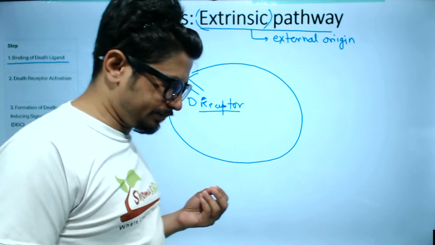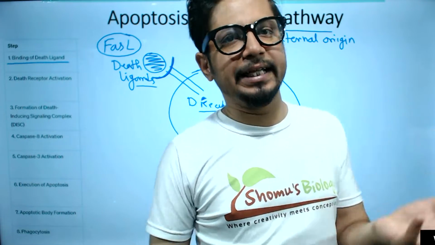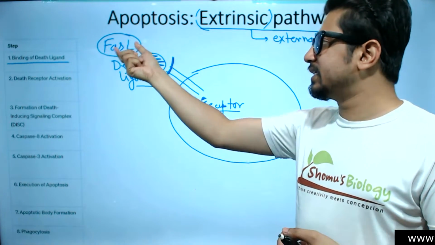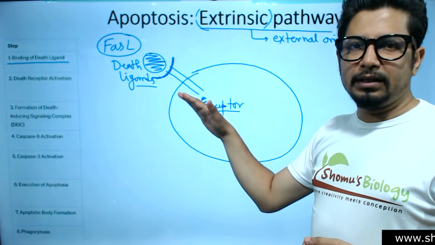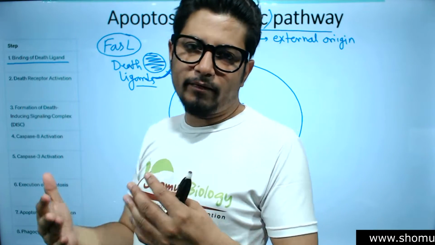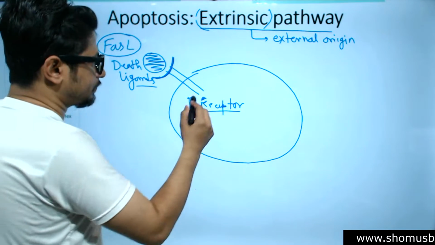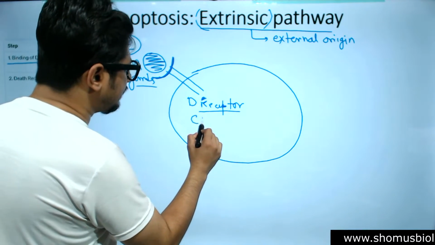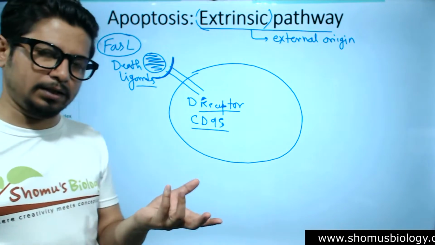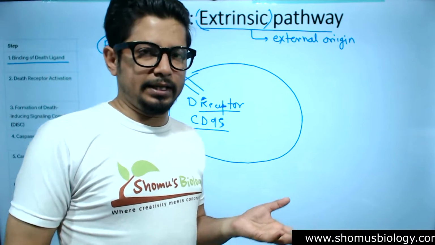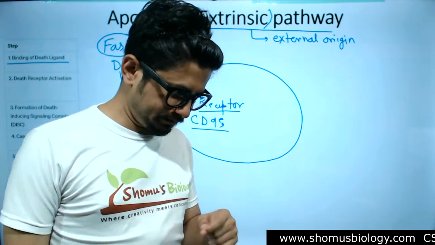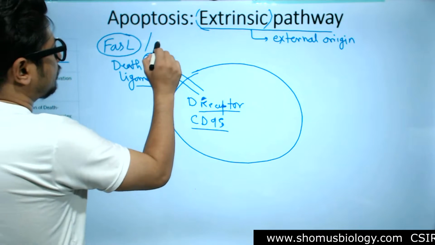Fas ligand is known as a death ligand or a death signaling molecule, because it is going to interact with a receptor on the surface of the cell, known as the Fas receptor, or simply CD95. CD95 is an example of a death receptor present on the cell surface. Generally, Fas ligand binds to CD95. This is one example.